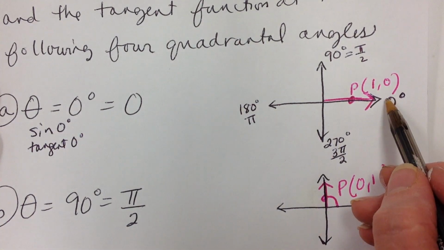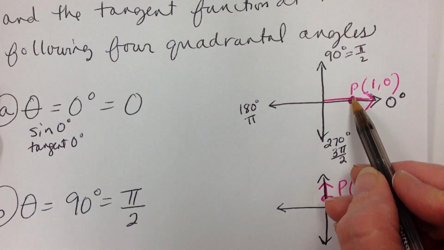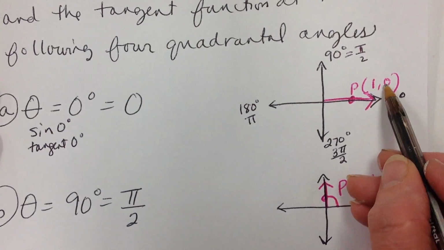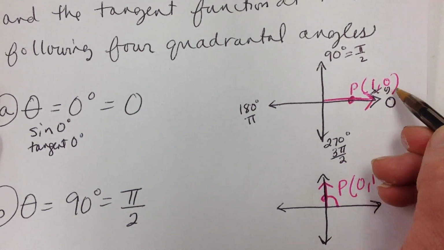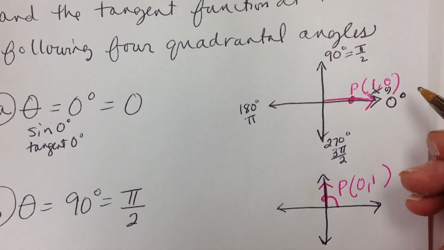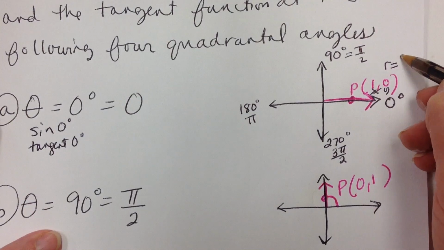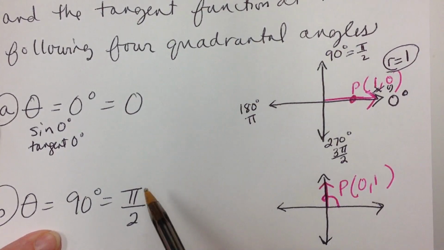Well, at 0 degrees, you have a point, and the name of this point is 1, 0. This is your x, this is your y. Now, you have your x, you have your y, and r is always 1 when you're dealing with the quadrantal angles.